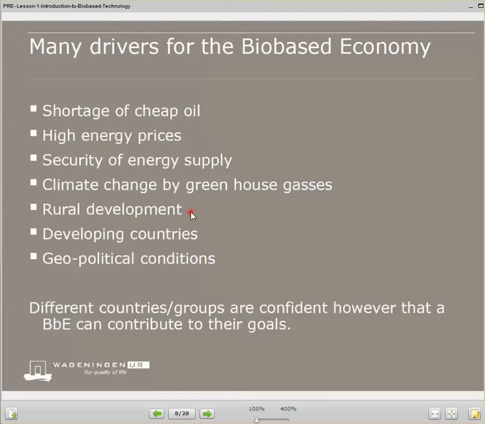Rural developments. So we want to create a stable rural society. Developing countries often have to import a lot of their energy, and there are geopolitical conditions. At this time, maybe you're watching this from the future and may not have heard of it, but there is a small geopolitical discussion between the Netherlands and Russia about a certain airplane that was shot out of the sky over Ukraine, and whose responsibility that was.